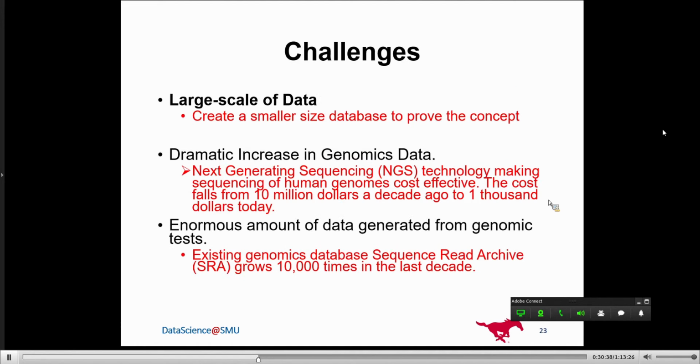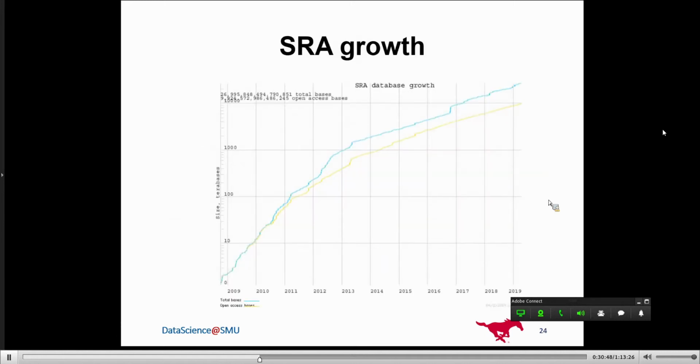So there's an enormous amount of data generated from genomic tests. The existing database SRA grew 10,000 times during the last decade. You can see in 2009, the size was only 1 terabase, and in 2019, there's more than 10,000 terabases for this database.